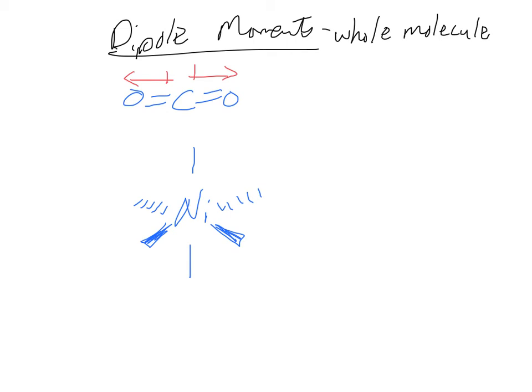Let's really think about how things are going to pull. Let's put a chlorine here, an H here, an H here, and a CH3 here, and a CH3 here.